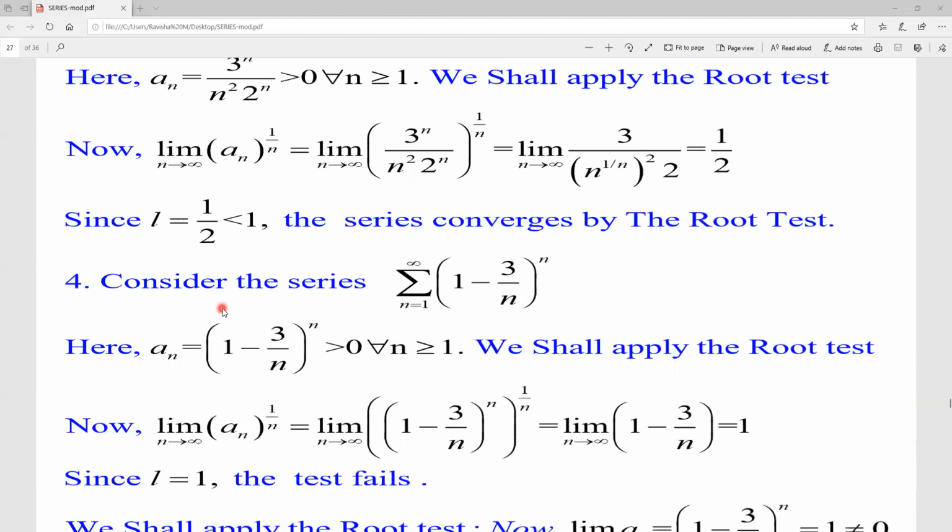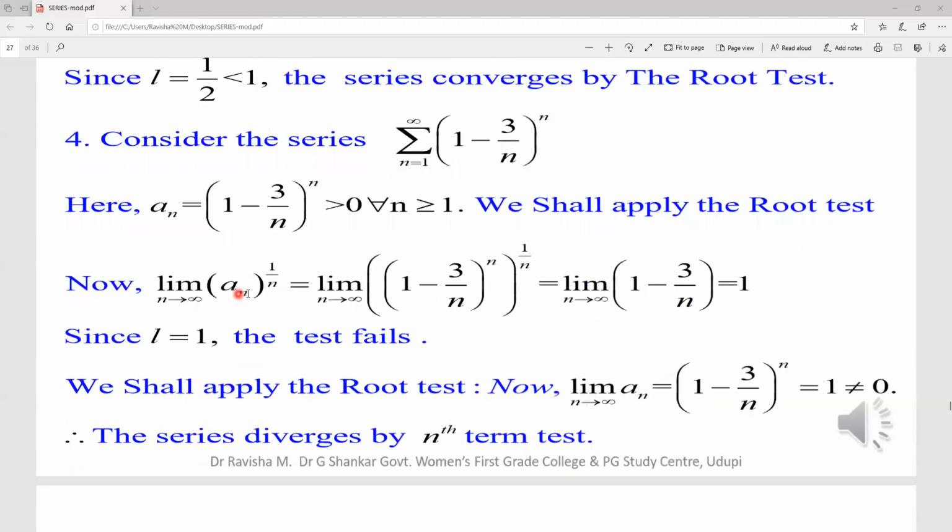Let us take the next series. Consider the sum from n equals 1 to infinity of (1 minus 3 by n) whole power n. Again the power is n, so the root test is appropriate. We take a_n as (1 minus 3 by n) whole power n, which is positive for all n greater than or equal to 1. Now we take a_n to the power 1 by n as n tends to infinity.